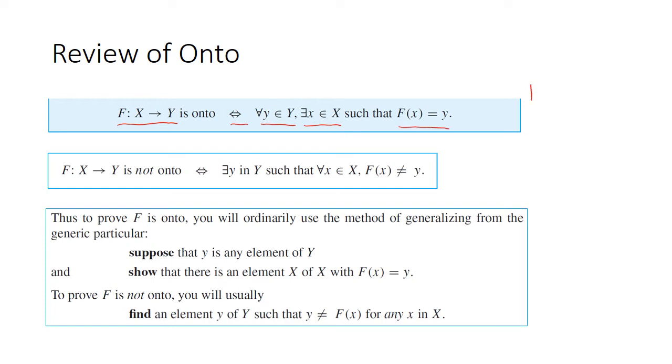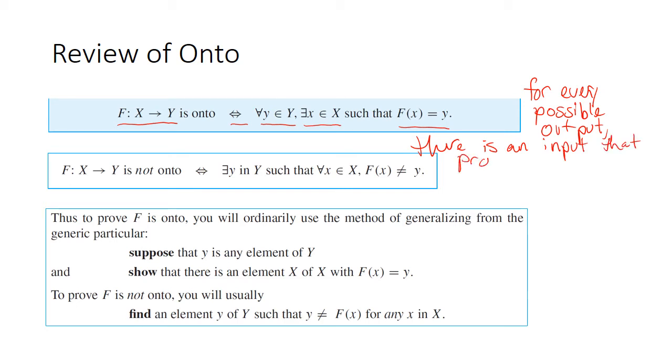So this means for every possible output, and by possible output what I mean is everything in the codomain, there is an input that produces it. So basically we reach everything in the codomain.